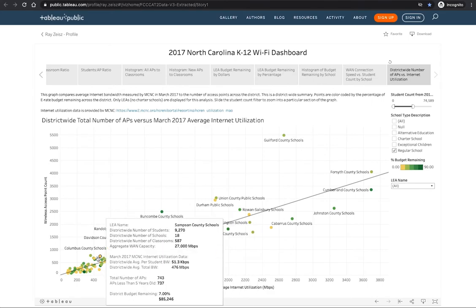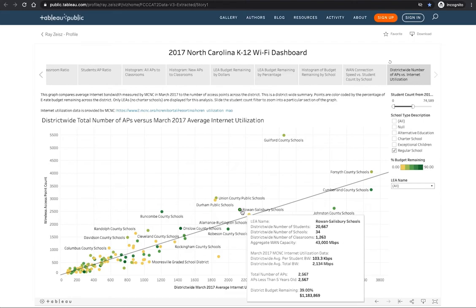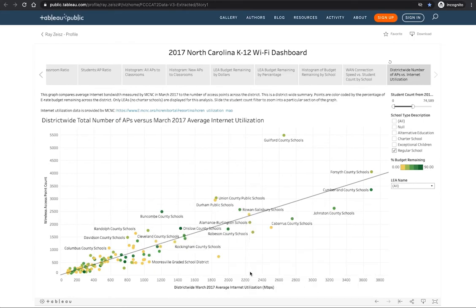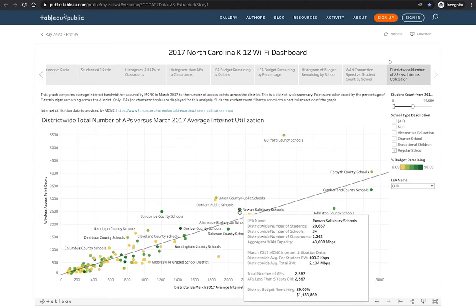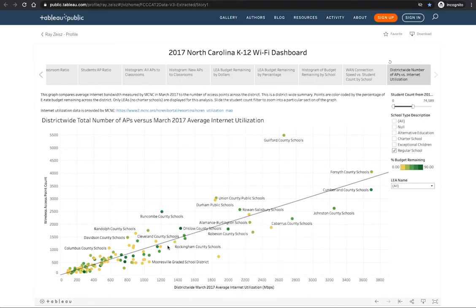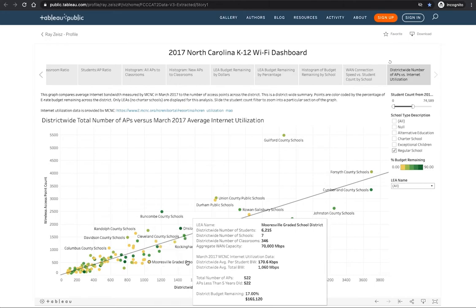And we see that most districts are right here, right on the trend line. There's Rowan again, right on the trend line. So based on the number of access points we are seeing in the utilization as measured at MCNC on the backbone, they're right in line with what we would expect. I think it is surprising that Mooresville, which was a leader and one of the first to go 1-to-1 in the state, is actually somewhat lower on their utilization.